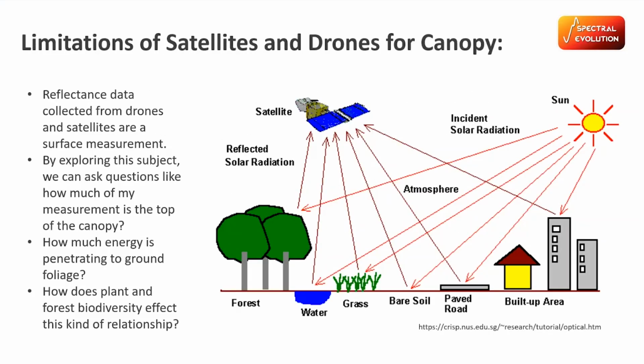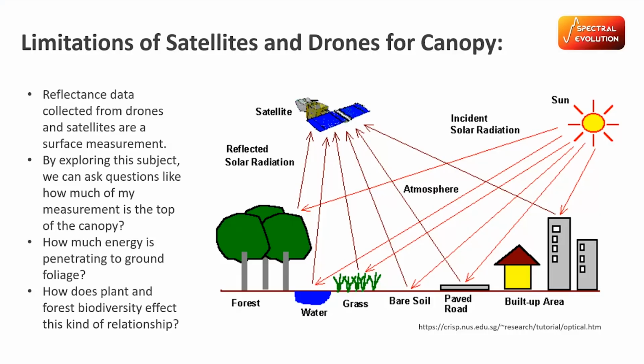So with satellite and drone applications or remote sensing applications, reflectance data is collected above the canopy. By using a field spectrometer, we can actually go underneath the canopy and start to characterize how this forest system is working. The primary portion of remote sensing data that's taken above canopy is just reflectance measurements off the top of the canopy.